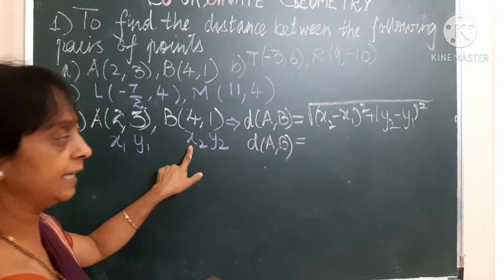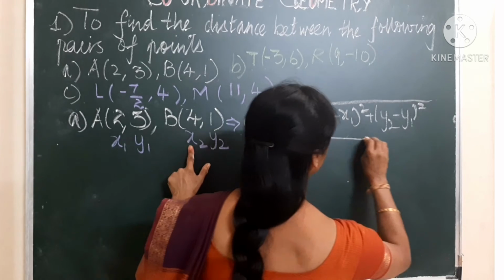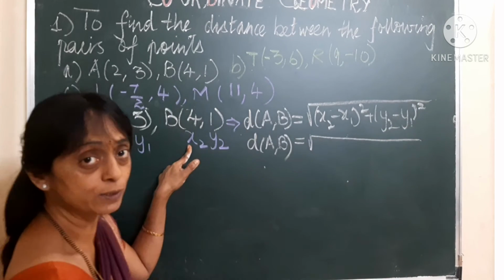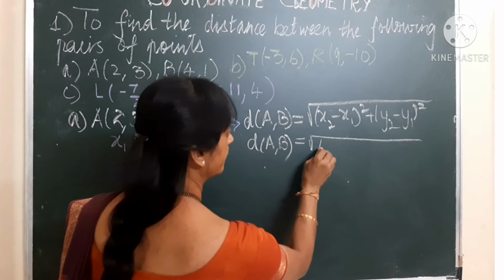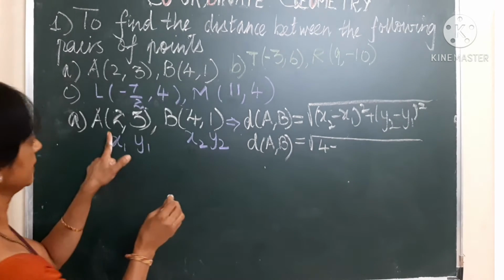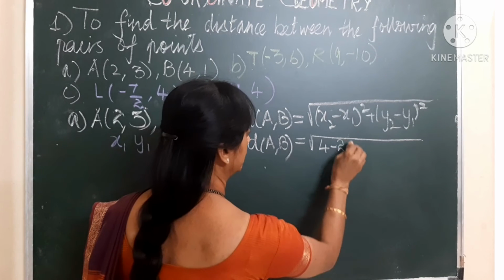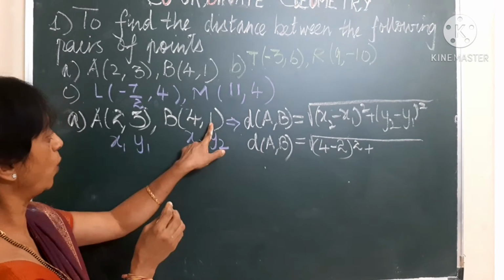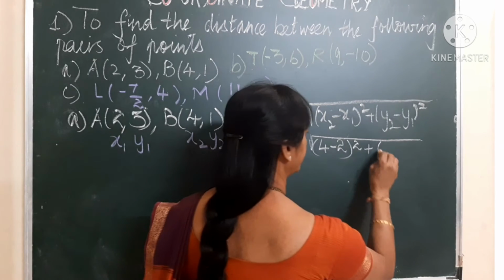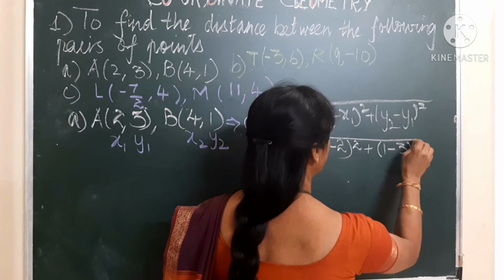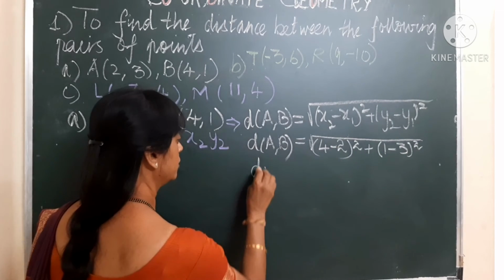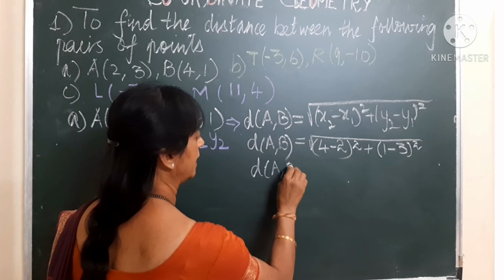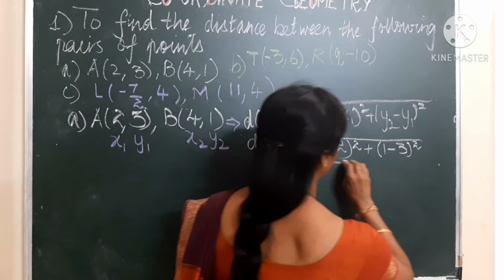x2, if we can see, is 4. Let's not forget the square root sign. So 4 minus 2 the whole square plus y2, 1 minus 3 the whole square. To move on, first we calculate what is inside the bracket.